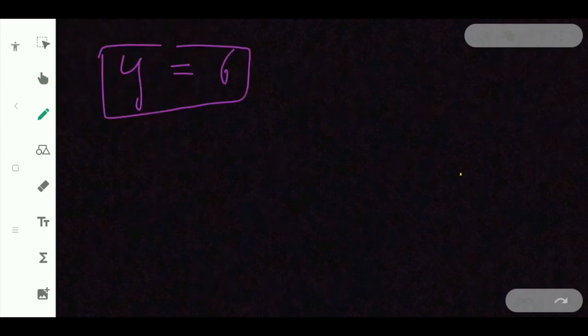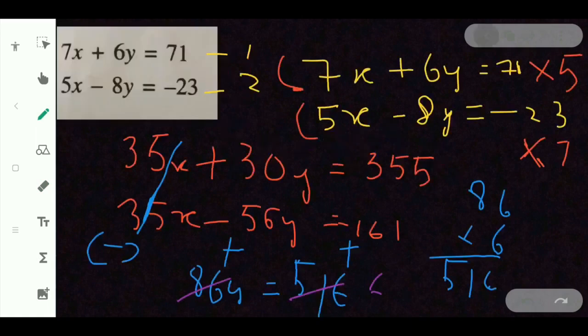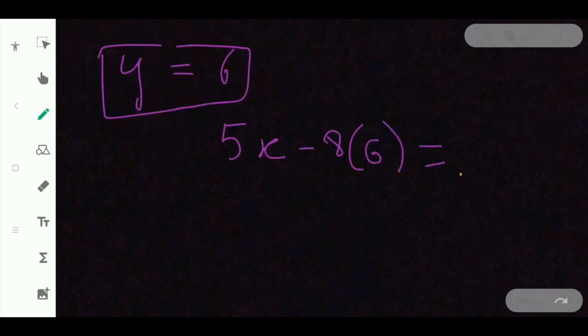So 5x minus 8, in the place of y I am writing 6, which is equal to minus 23.